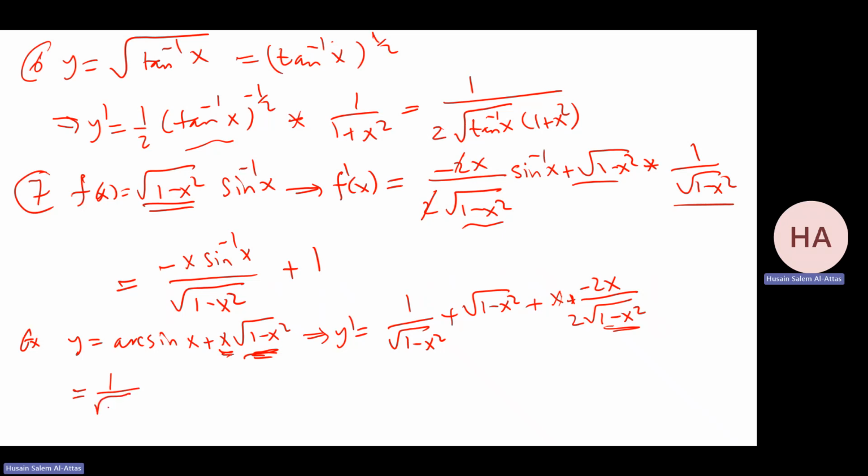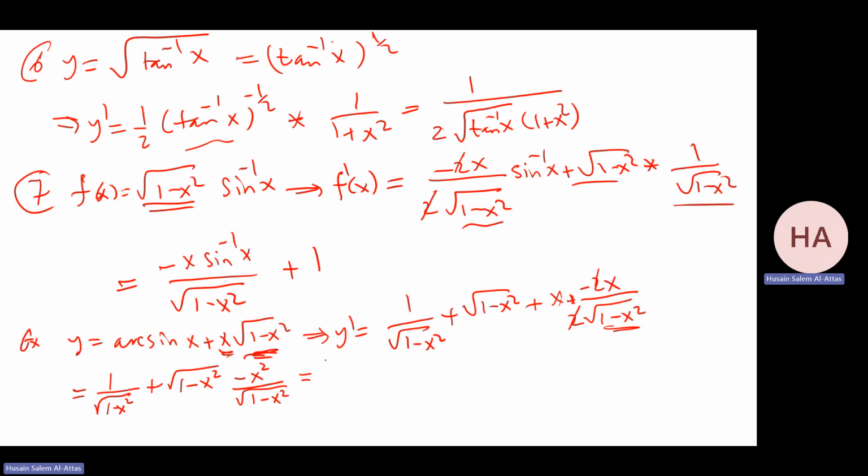So that will lead us to 1 over the square root of 1 minus x squared plus the root of 1 minus x squared. The 2 cancels, minus x squared over root 1 minus x squared.